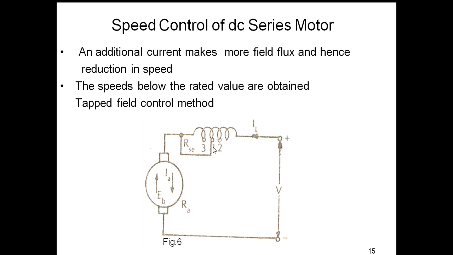And here we have provided tappings on the series field winding RSE, and this IL is nothing but it is the load current flowing in the circuit, and V is the voltage across the series motor.